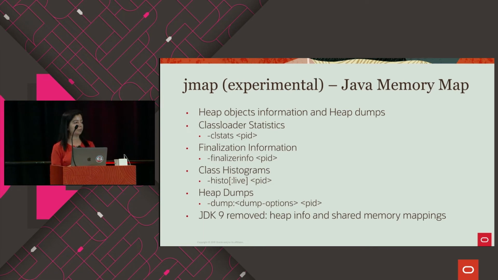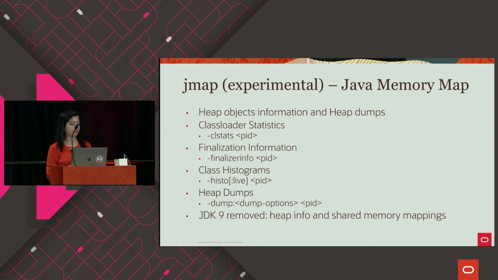JMap, Java memory map. This is an extensively used tool. The two main interesting features it has are printing the heap histogram, heap objects information, and the ability to collect heap dumps. There are various flag options that can be used with the JMap tool.